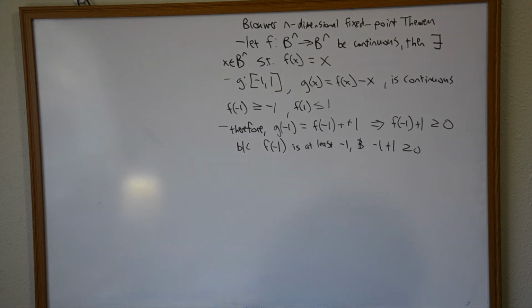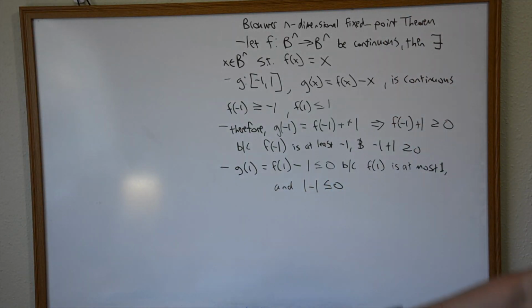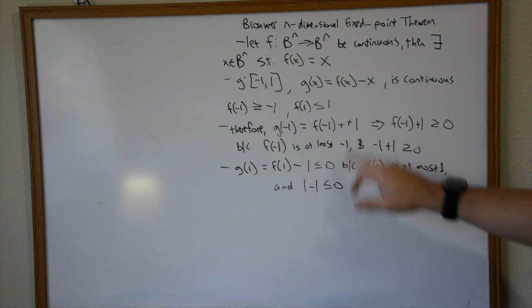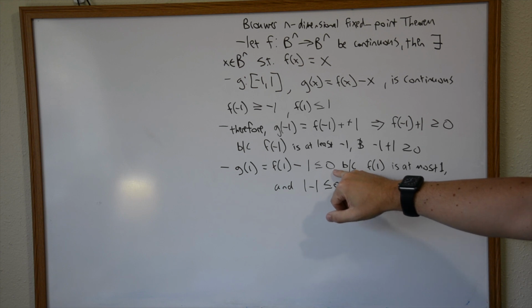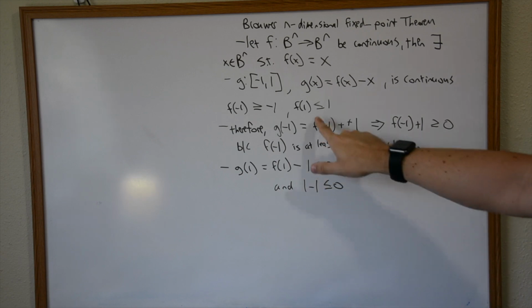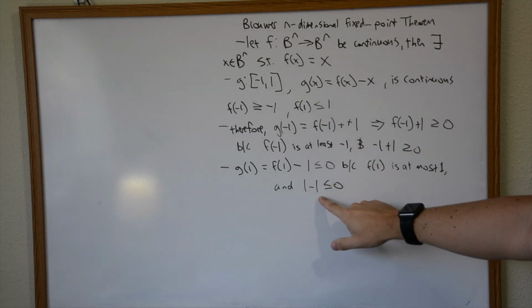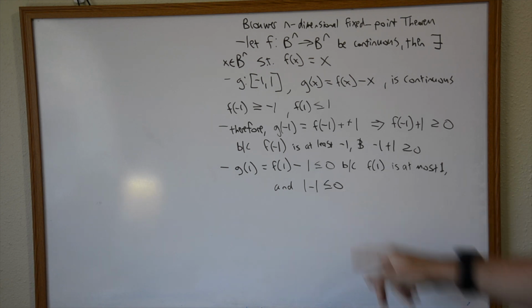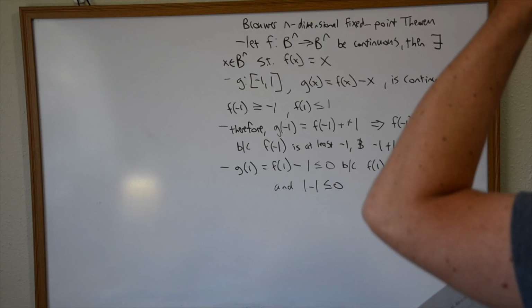And we can make a similar argument for g of 1. So we can say that g of 1 is going to be equal to f of 1 minus 1, and that must be less than or equal to 0, because f of 1 we said is at most 1, and 1 minus 1 therefore must be at most 0. So that means we come to our fabulous conclusion.